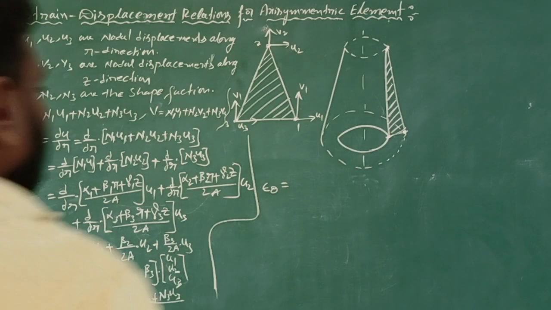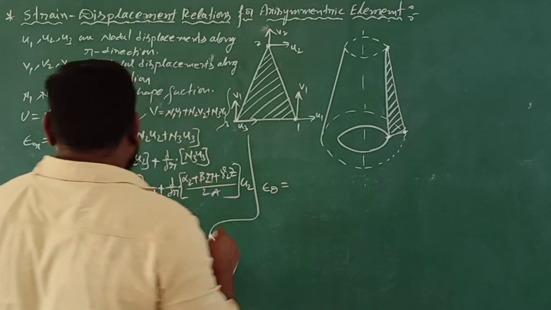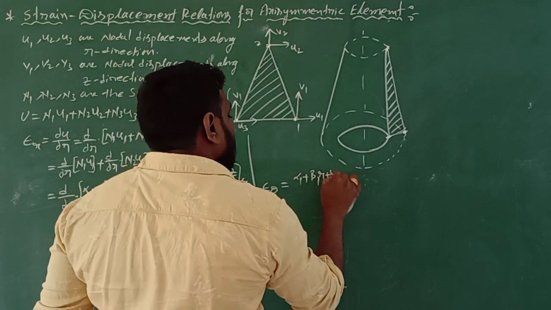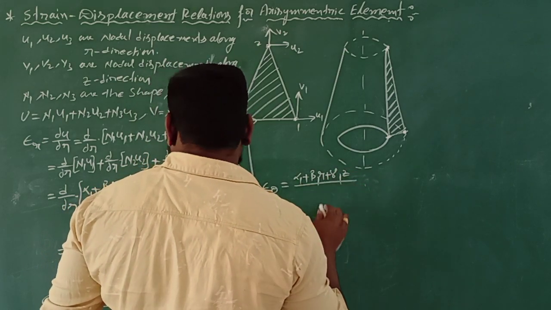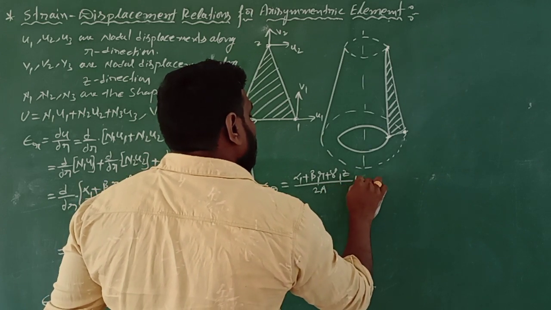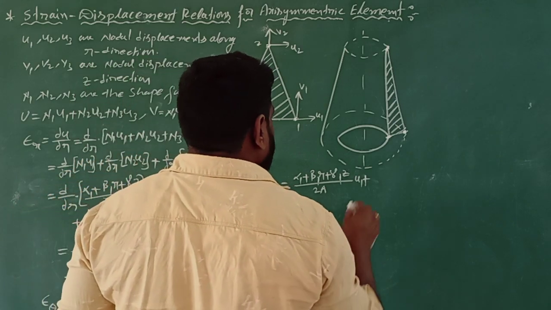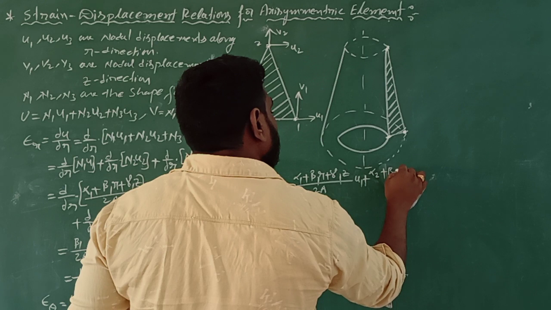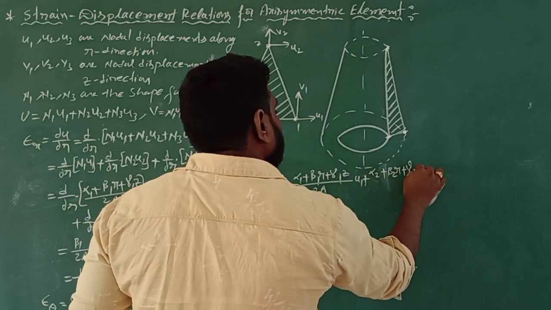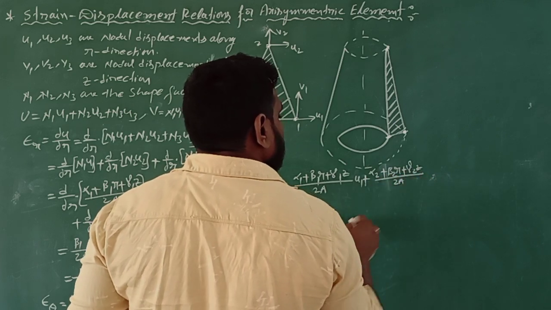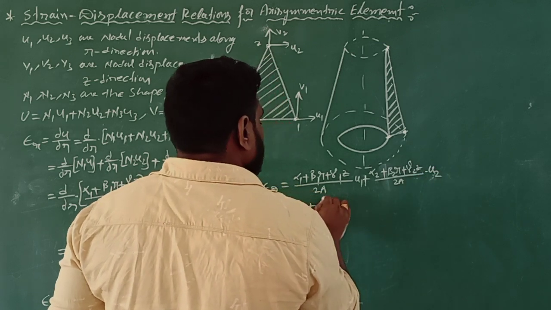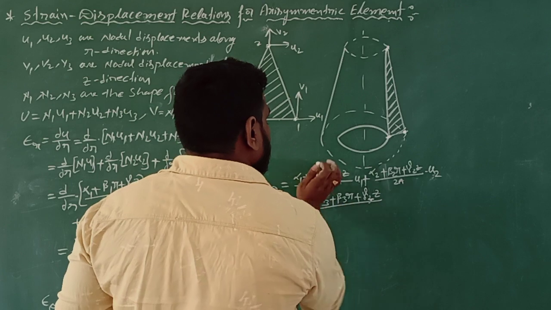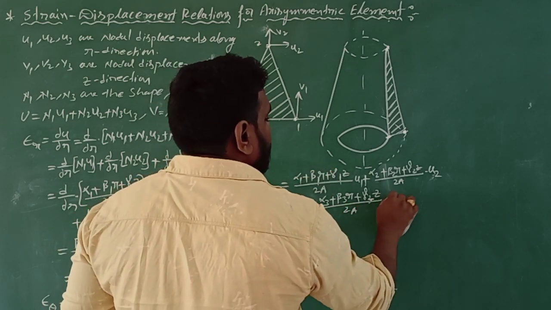Next, write it. Epsilon theta is equal to n1, that is alpha 1 plus beta 1 r plus gamma 1 z divided by 2a, into u1, plus alpha 2 plus beta 2 r plus gamma 2 z whole by 2a into u2, plus alpha 3 plus beta 3 r plus gamma 3 z whole by 2a into u3.